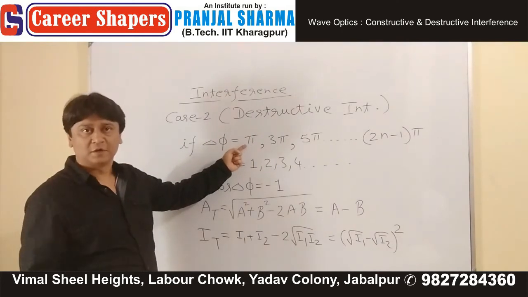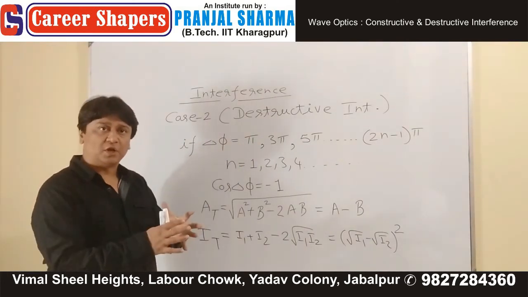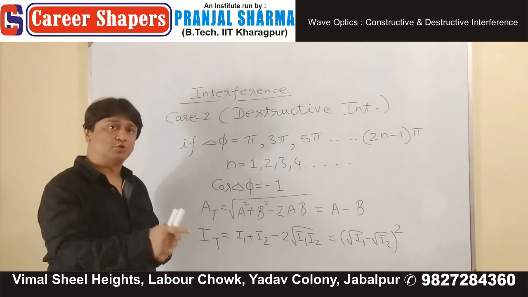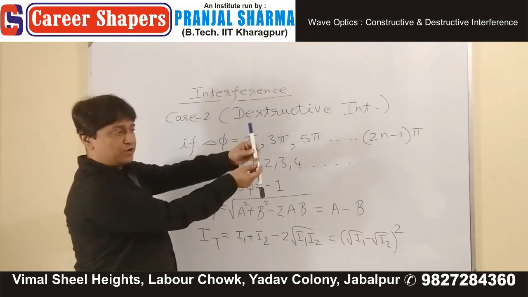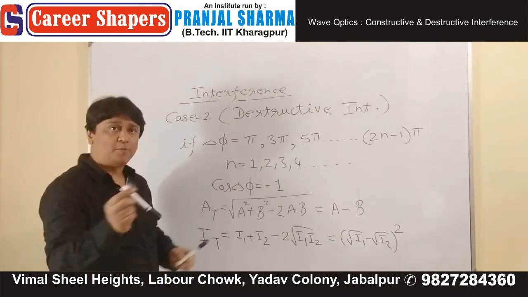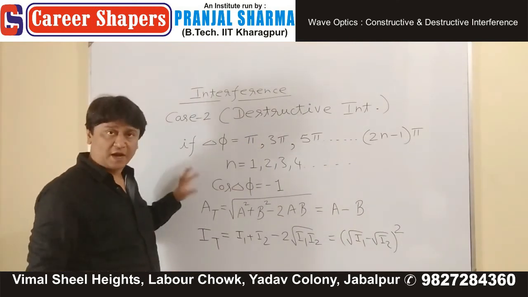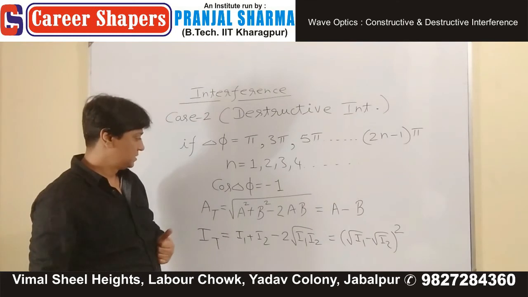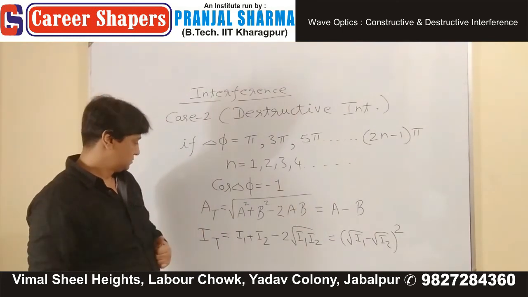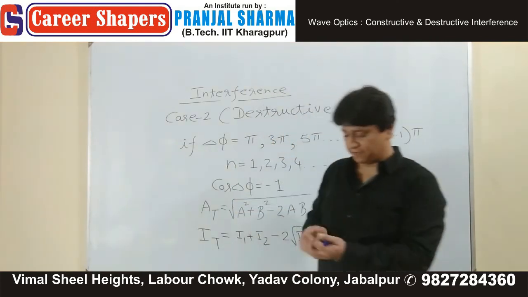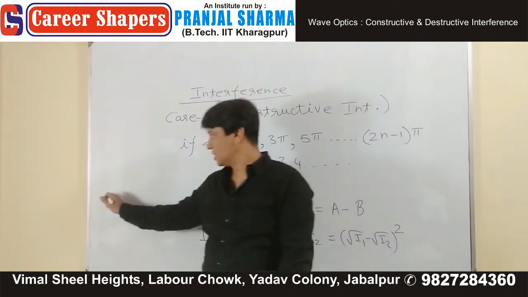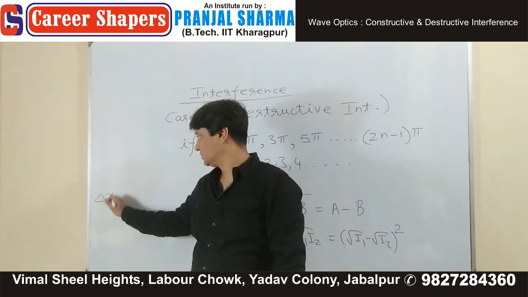It takes place when waves coming from S1 and S2 interfere with each other while oscillating in opposite phases. What is the meaning of opposite phases? We'll understand that again with the help of those graphs. Note down this, and also the value of delta x. If this is delta phi, what will be delta x?